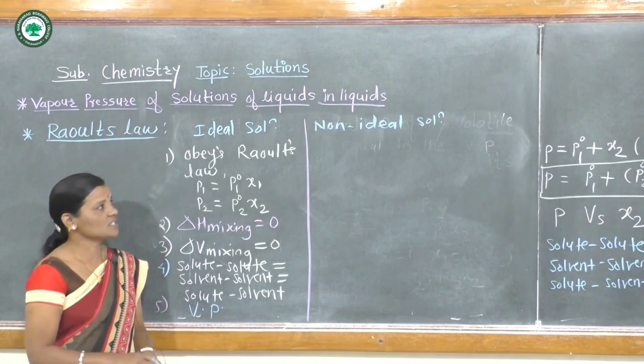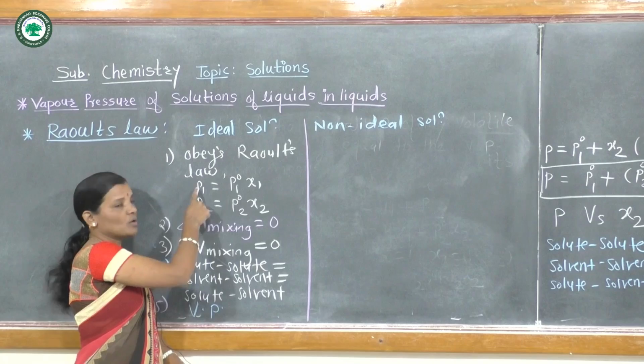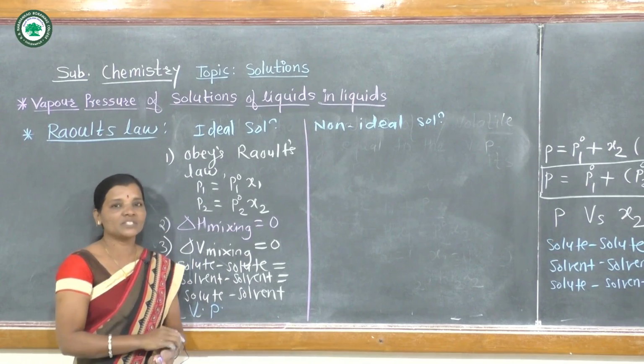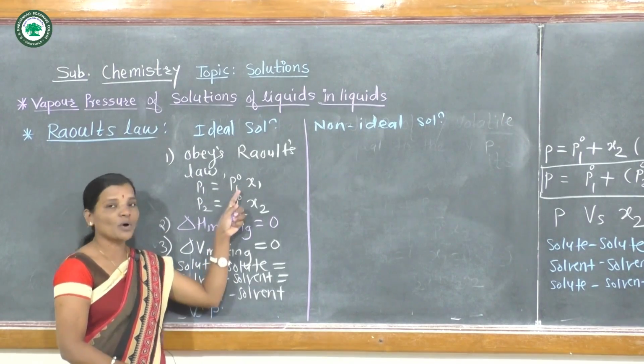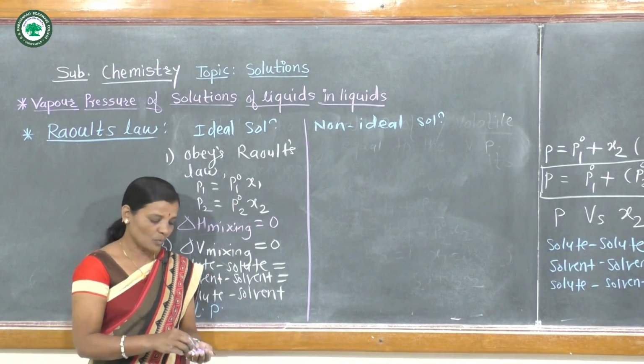Now let us consider non-ideal solutions. According to Raoult's law, the partial vapor pressures are equal to the product of the vapor pressure of the pure component and their mole fractions.